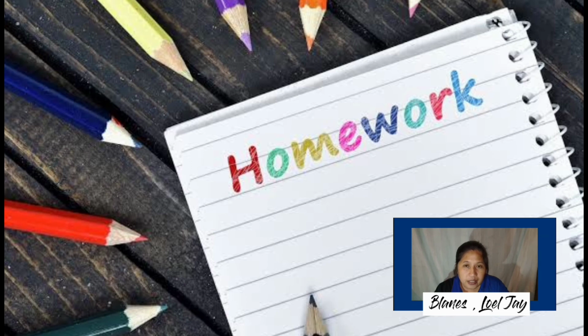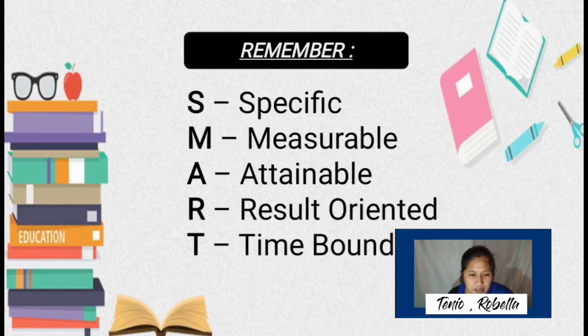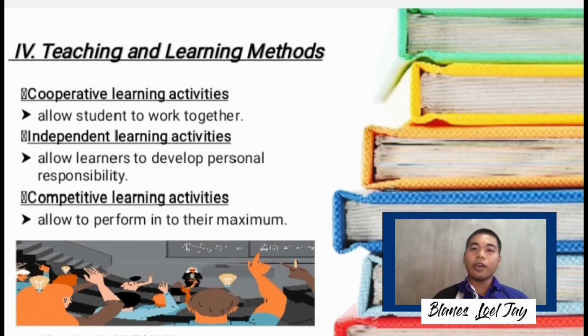And lastly is your enrichment or homework. Again, your homework should be inclined with your topic and your objective as well. So just an important reminder that your lesson plan should be specific, measurable, attainable, result-oriented, and time-bound, or in other words, SMART.